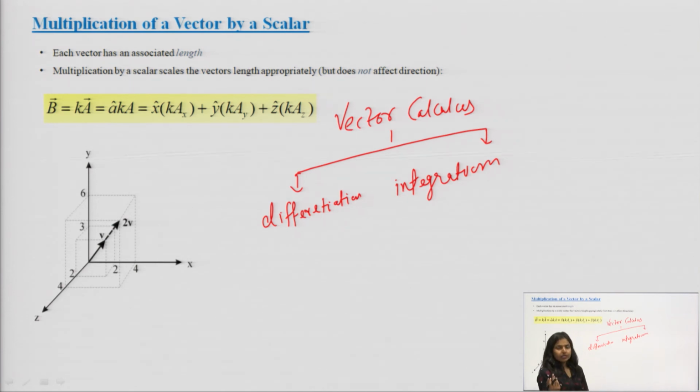As we were studying in 12th, differentiation and integration, the same thing repeats here also. The only difference is that here we are going for the differentiation of a vector and integration of a vector.